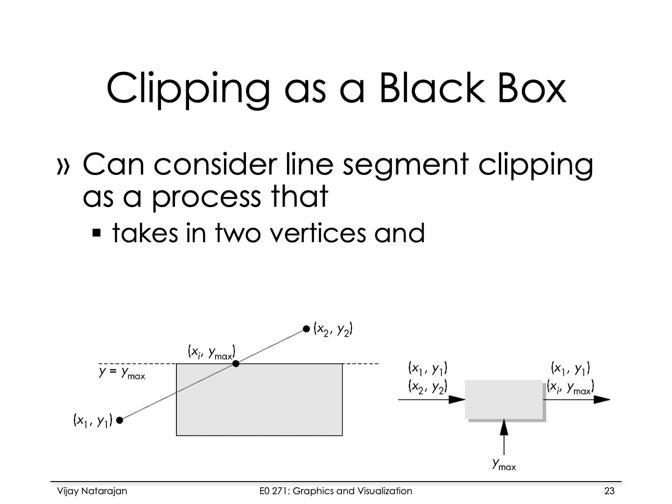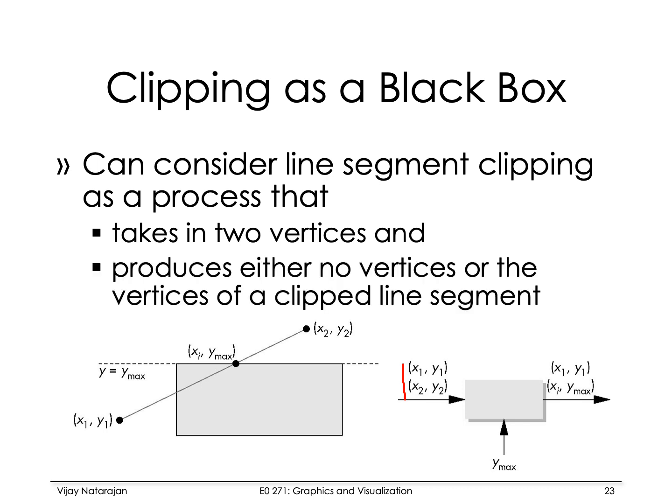The two vertices are shown here, x1, y1, x2, y2, and produces either the same vertices as output, which essentially means no clipping, or it produces a clipped line segment.